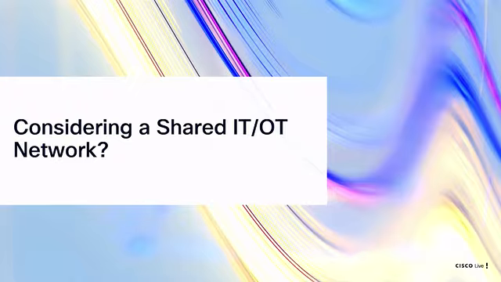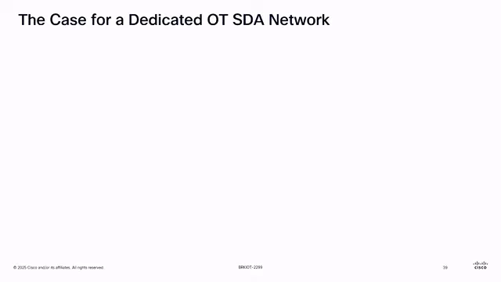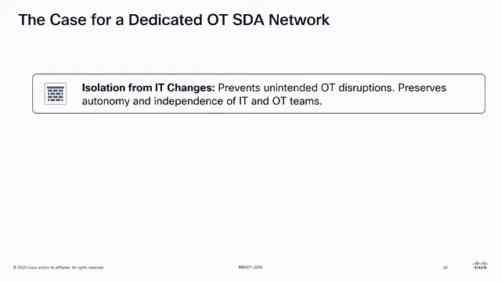So I will build a case for separated OT infrastructure, if you are really risk averse. I don't want my customers calling and saying that someone changing an access point messed up their OT network. So in this case, having a dedicated SD-Access network for OT gives you isolation from changes on IT, so you don't have that kind of scenario.